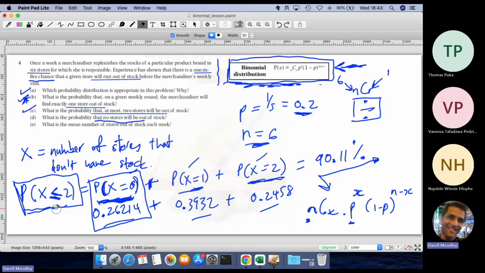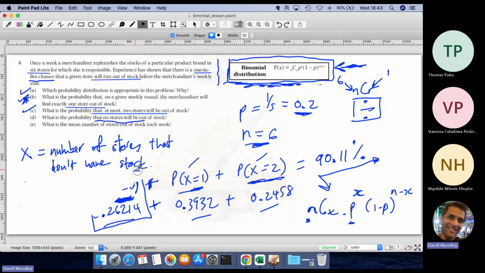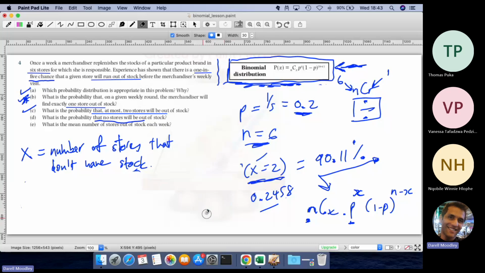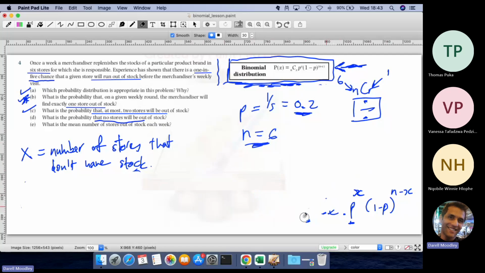Lastly, question E. Question E says, what is the mean number of stores out of stock each week? The formula for that is in your formula sheet, you don't need to memorize it. The mean of a binomial distribution is simply your n multiplied by your p.